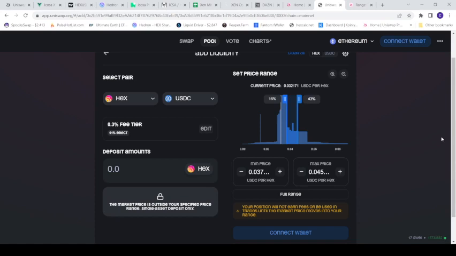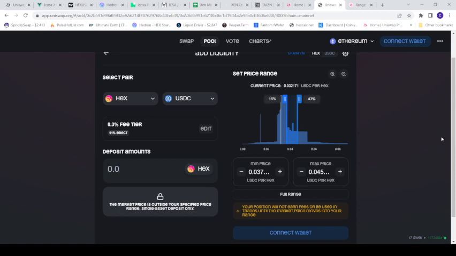Understand what you're doing and know the risks that go along with each liquidity position that you make. I'm just bringing you the basics on how I understand it, and going through it step by step, just because I know a lot of people are wondering about how to do it.